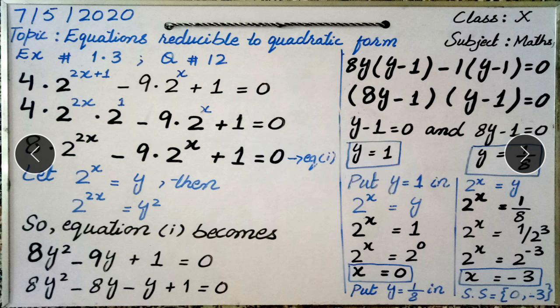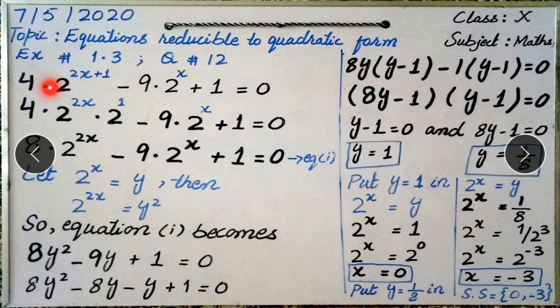We have such type of equations which have the characteristic of being reduced to quadratic form. For instance, in exercise 1.3, question number 12, the equation is 4 into 2 raised to the power 2x plus 1 minus 9 into 2 raised to the power x plus 1 equals 0. This is a complicated equation.